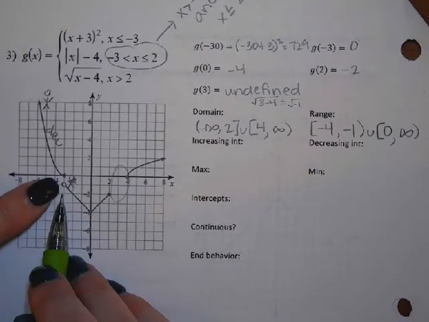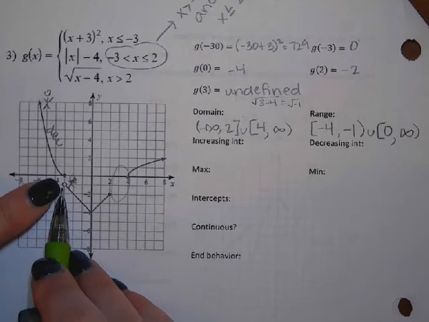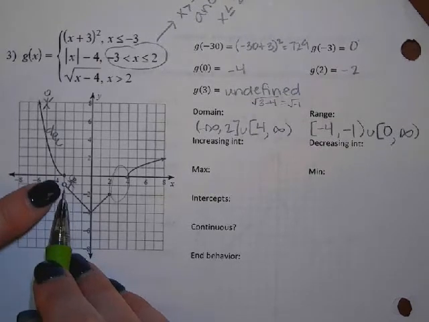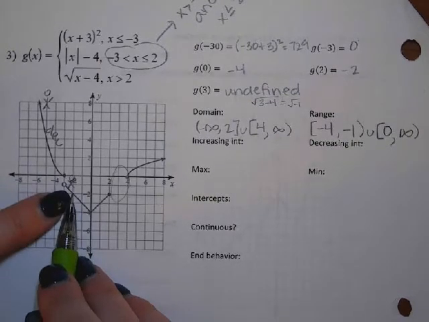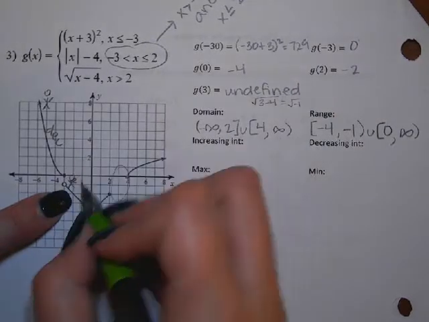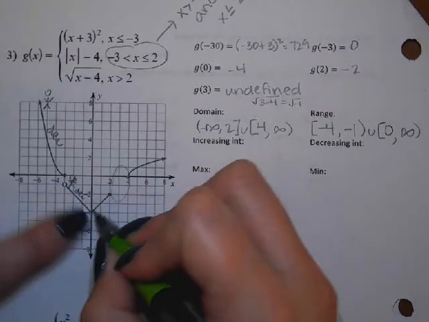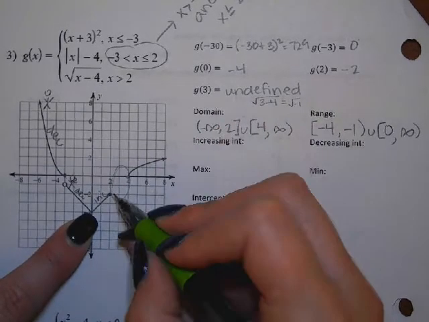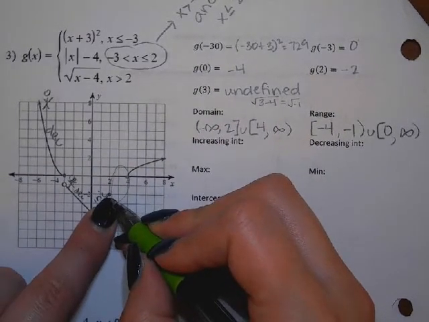Tootsie Tiffany climbs out of a hole, and then what is Tootsie Tiffany doing? Strolling until she hits this, and then she is going up, and then she also falls into a black hole.